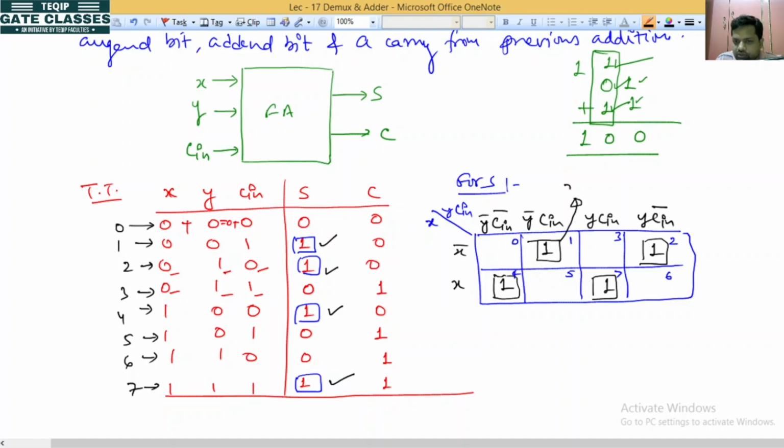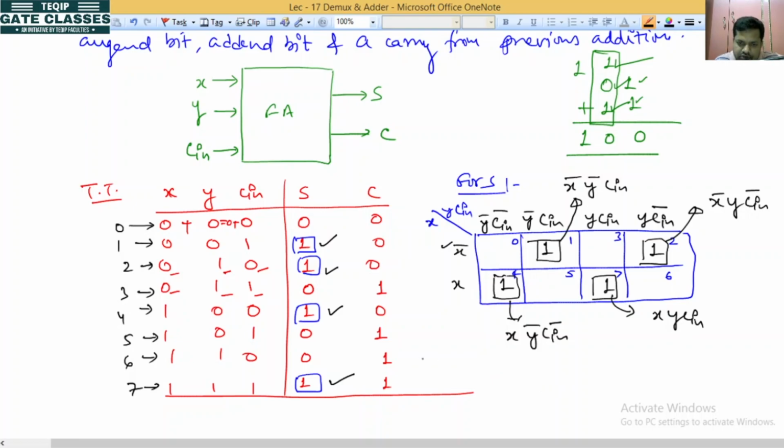It will be x bar from rows, from column we have y bar c in. If you go for this, it will be x bar y c in bar, x bar from row and y c in bar from column. Similarly, if you go for this, it is x y bar c in bar. For this we have x y c in.